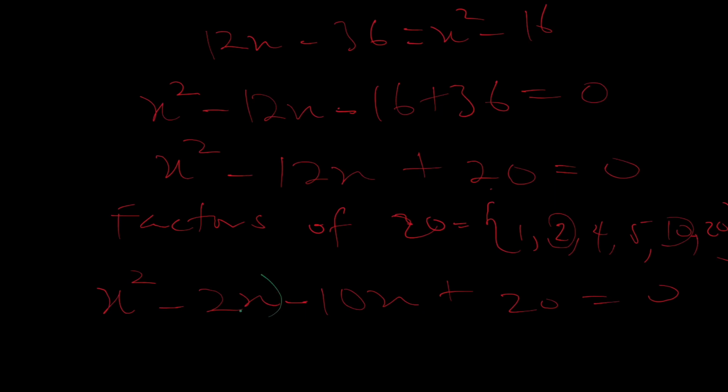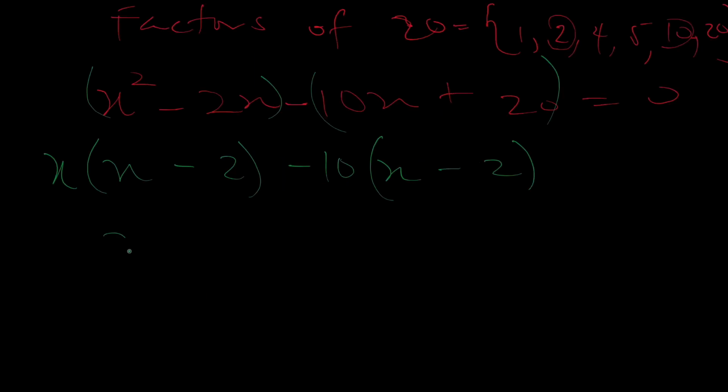So now we factorize. We factorize x out here, we have x minus 2. Then factorize 10 out, we have x minus 10, x minus 2 equal to 0. Okay.